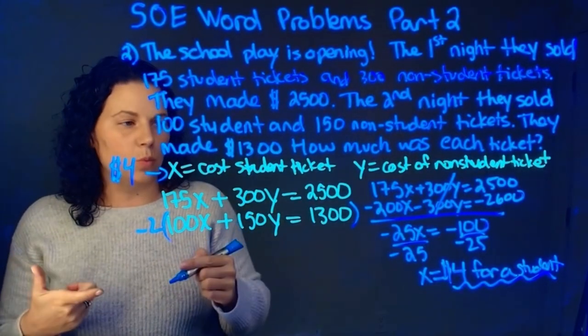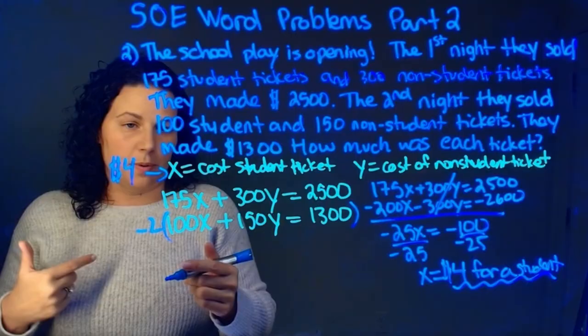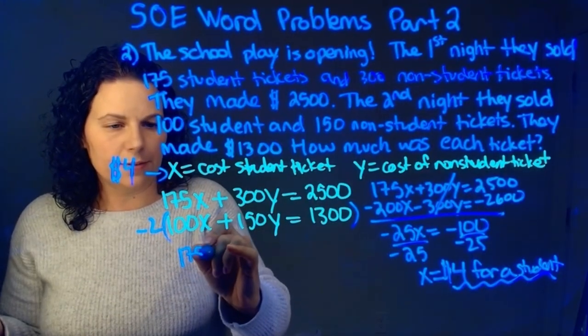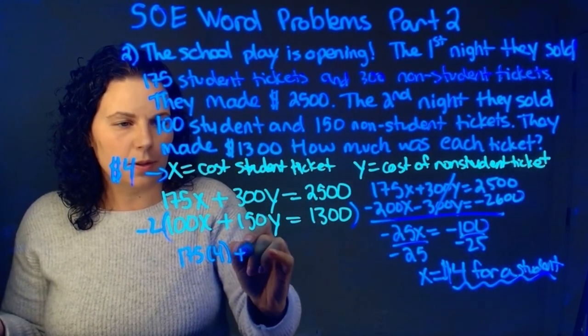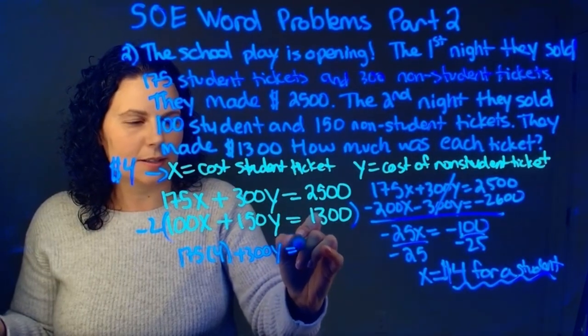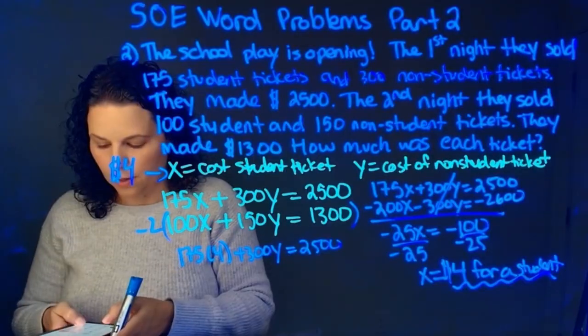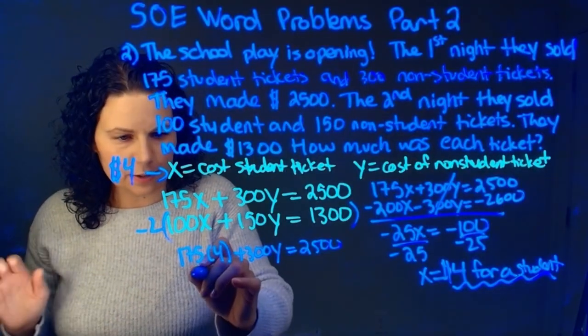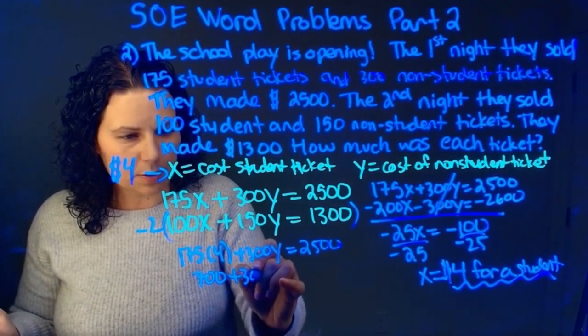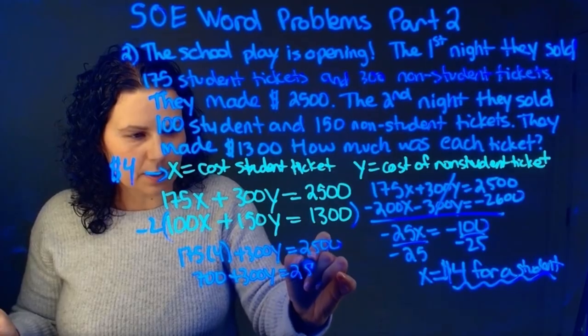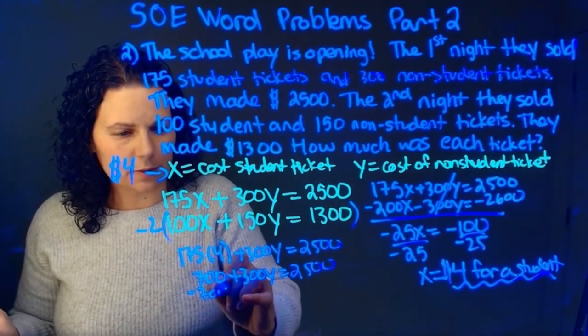Now let's go back and find y. This is where I'm probably going to need my calculator. 175 times 4 plus 300 times y is going to give me $2,500. 175 times 4 is 700 plus 300y equals 2,500. Let's subtract 700.